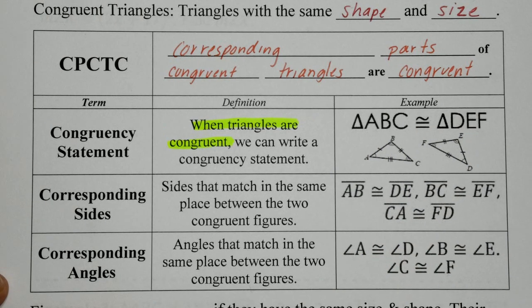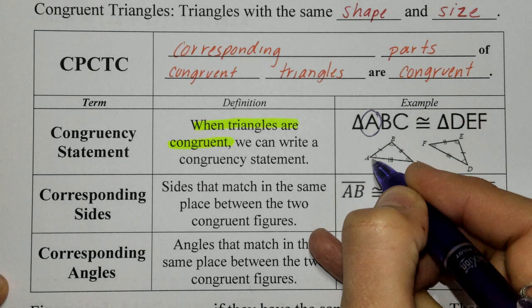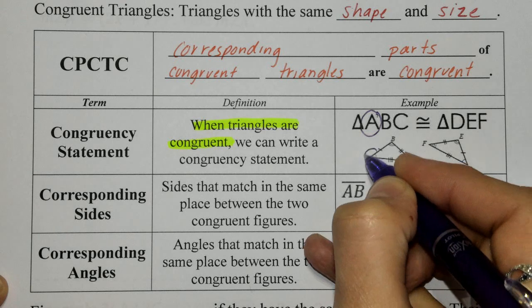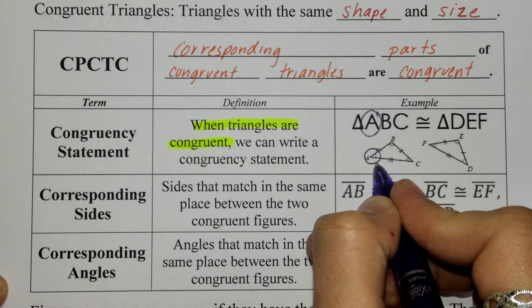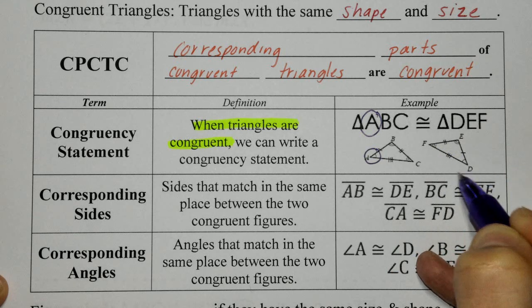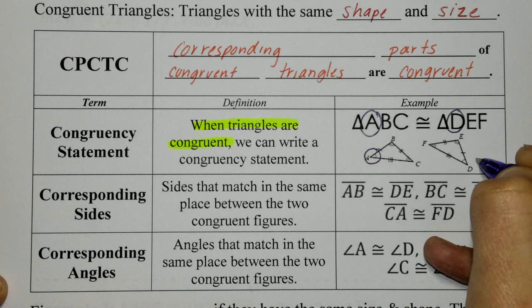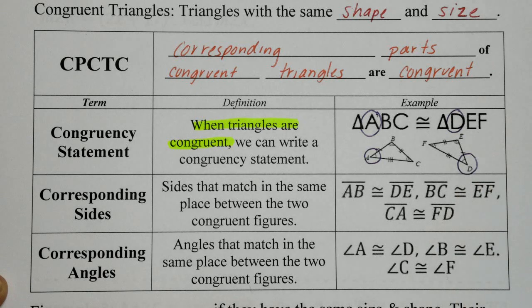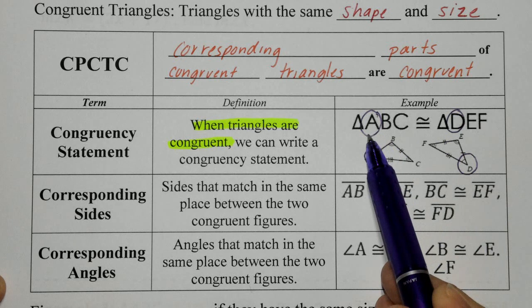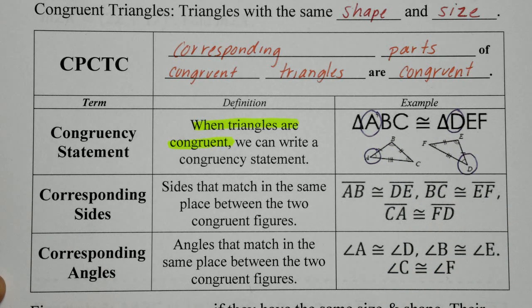Here, we said triangle ABC. Angle A has only one arc, so we have to match it with the same angle over here that has one arc, and that would be angle D. So those two match, so therefore they are corresponding. And if A is mentioned first, the corresponding part D needs to be mentioned first.